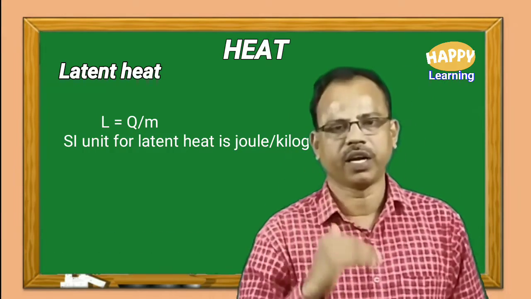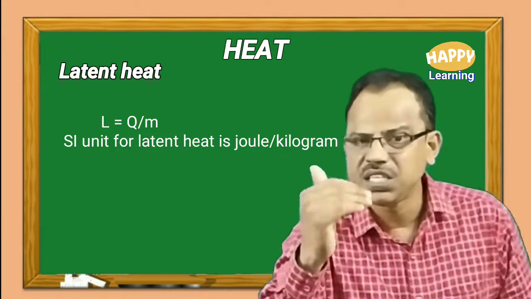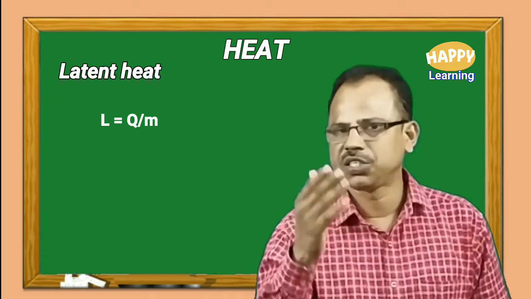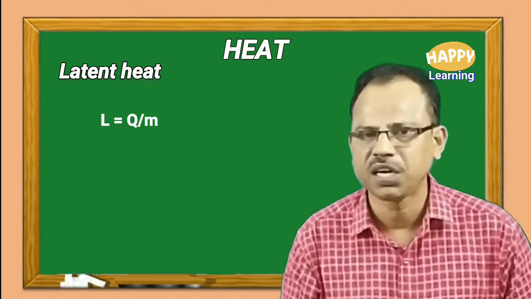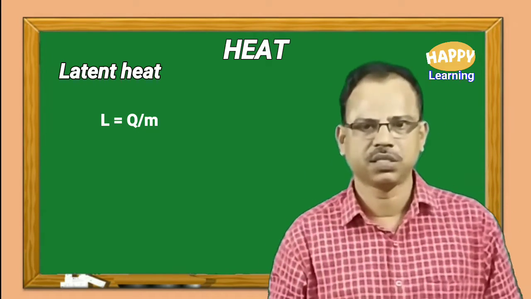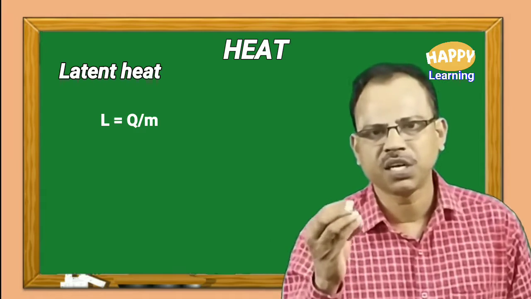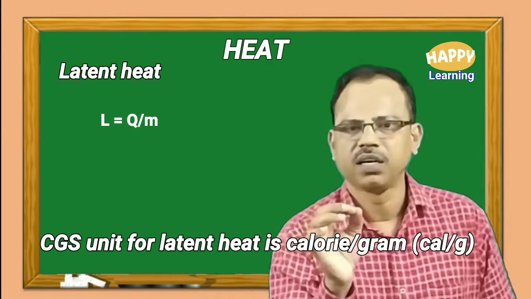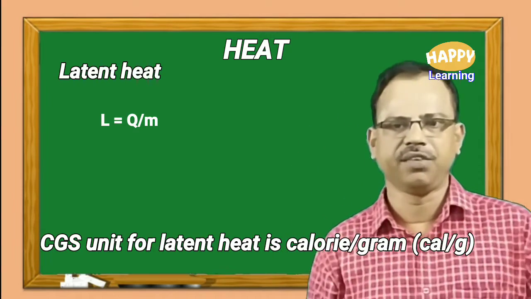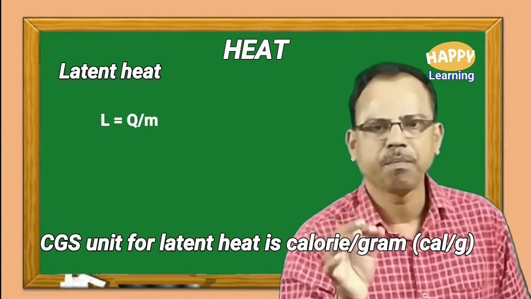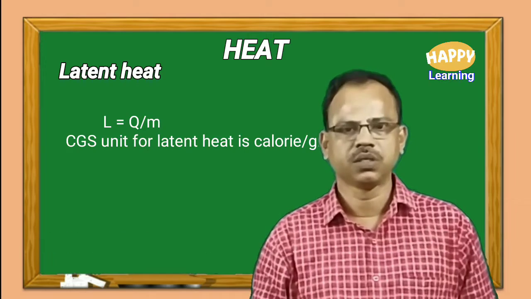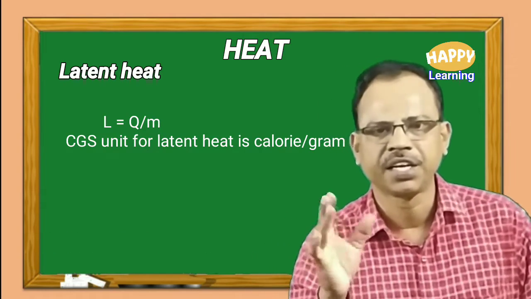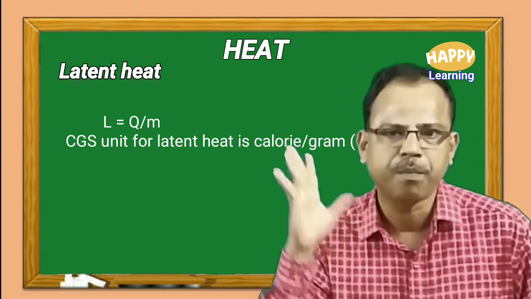In the CGS system, heat energy Q is measured in calories and mass m is measured in grams. Therefore, the CGS unit for latent heat will be calorie per gram.